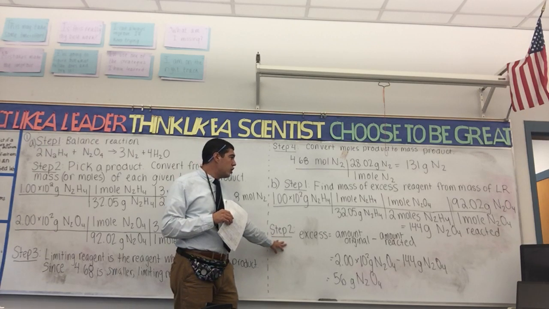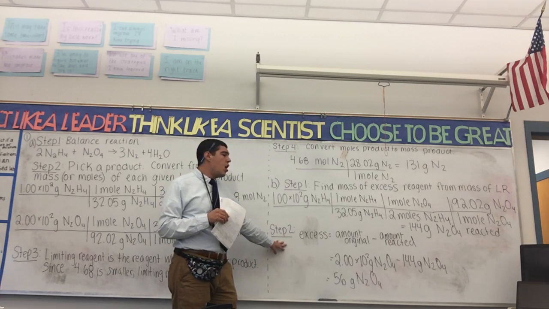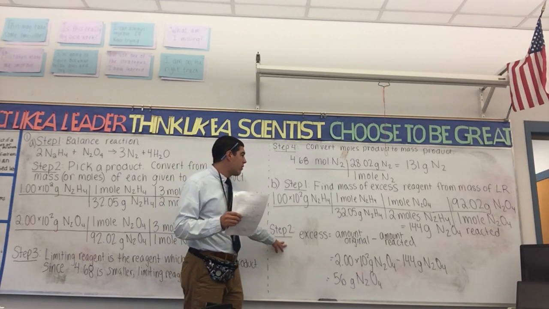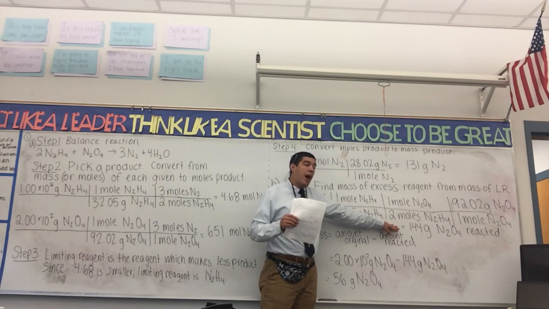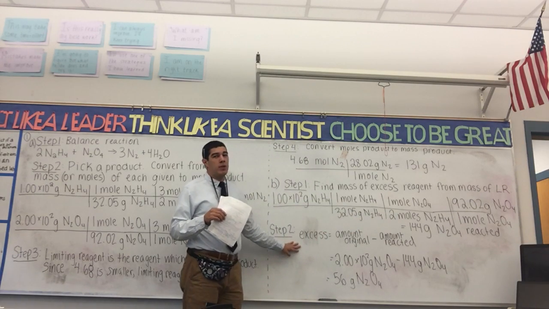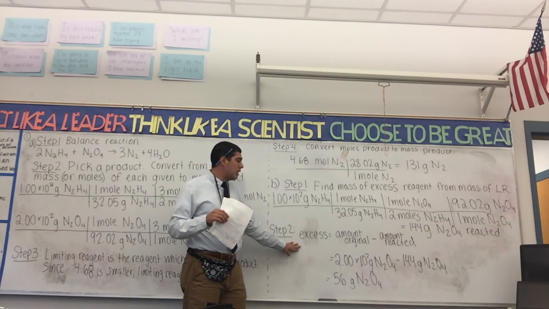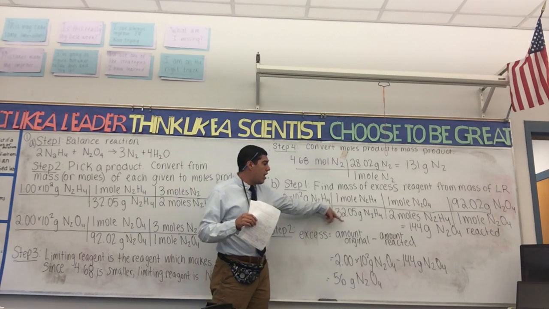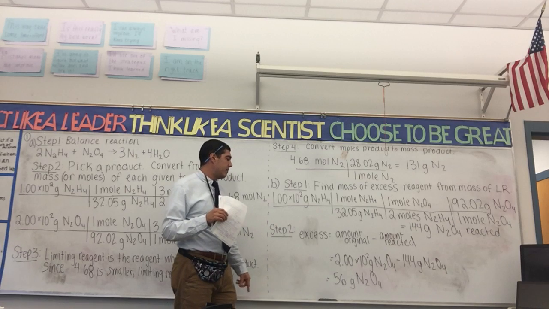In step 2 of part B, we're looking specifically for the amount that's left over. Now remember, step 1 gave us how much of the excess reacted. This will tell us how much is left over. The formula for this is the amount original minus the amount that reacted.